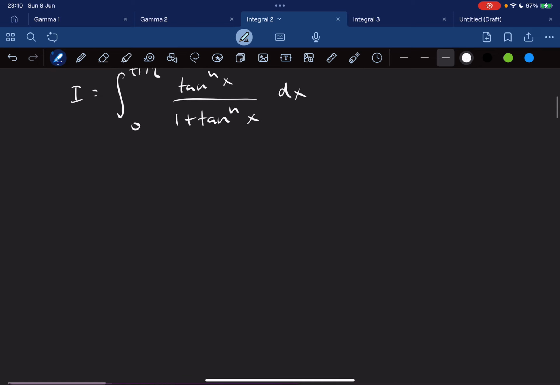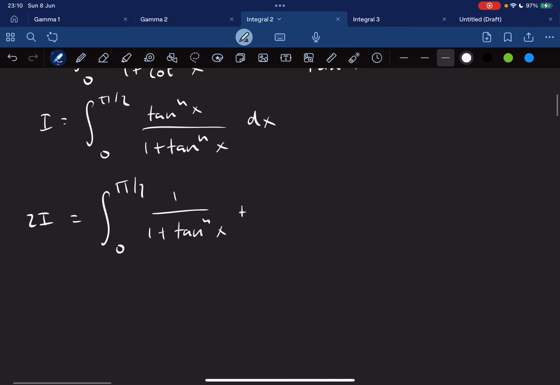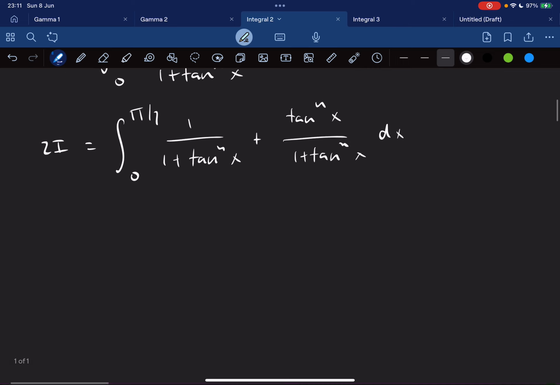So I plus I is just 2I. And that's going to be the integral between 0 and pi over 2 of our original expression plus the one we just found up top, which is tan to the nx over 1 plus tan to the nx. And you'll see that it just becomes 1.